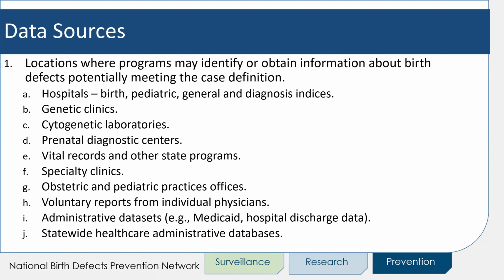Such sources include hospitals, such as birth centers, pediatric centers, as well as general and diagnostic indices, genetic clinics, cytogenetic laboratories, prenatal diagnostic centers, vital records, and other state programs, specialty clinics, obstetric and pediatric practice offices, voluntary reports from individual physicians, administrative data sets such as Medicaid and hospital discharge data, statewide healthcare administrative databases.